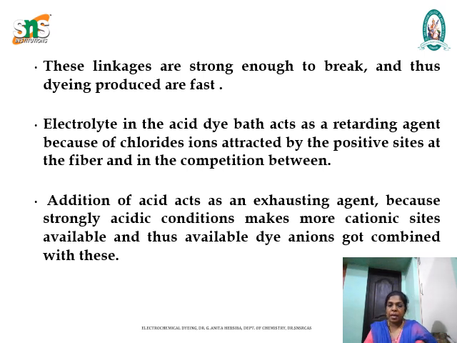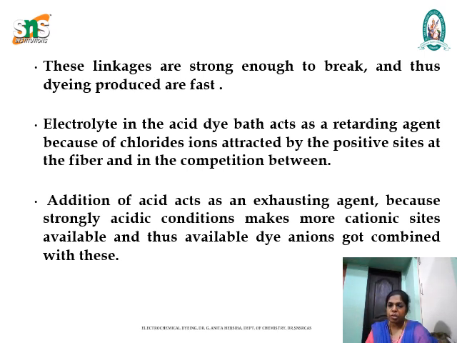Electrolyte in the acid dye bath acts as a retarding agent because of chloride ions attracted by the positive sites of the fiber, and in the competition between them. That means you add a retarding agent, that is electrolyte, sodium chloride. These chloride ions get attracted by the positive sites of the fiber, and instead of the dye, the chloride is getting attracted.